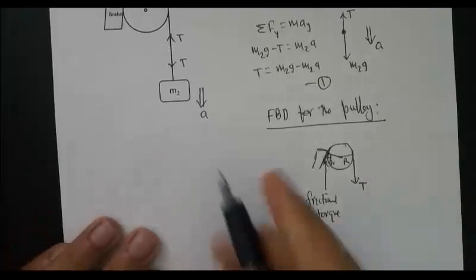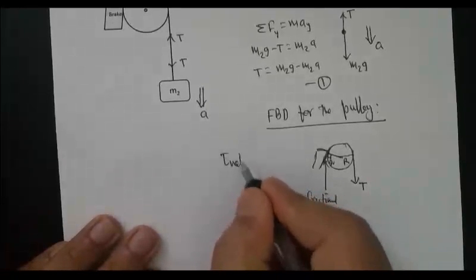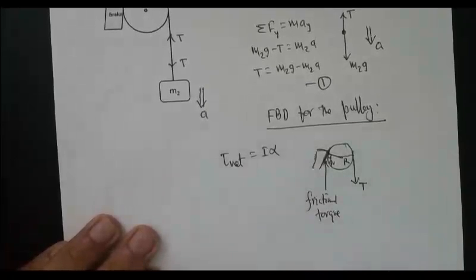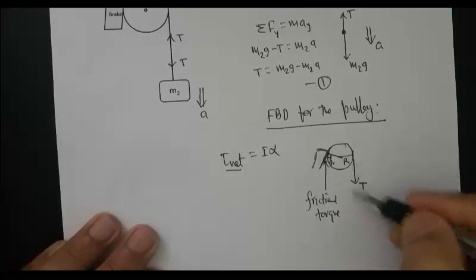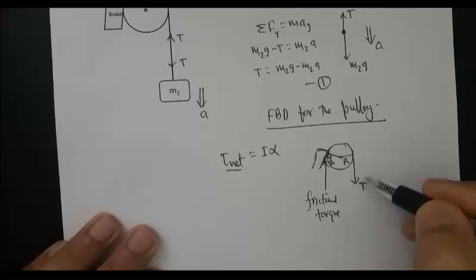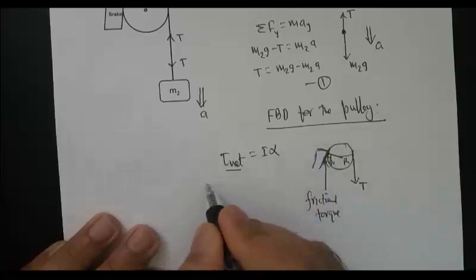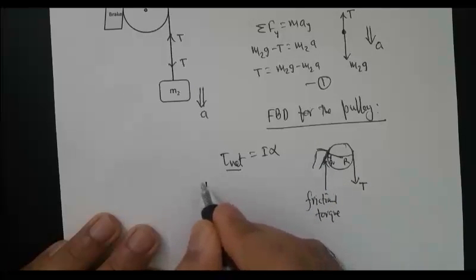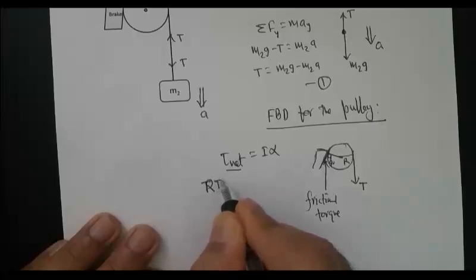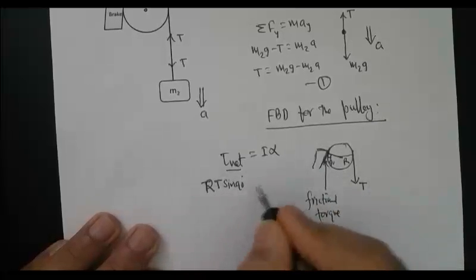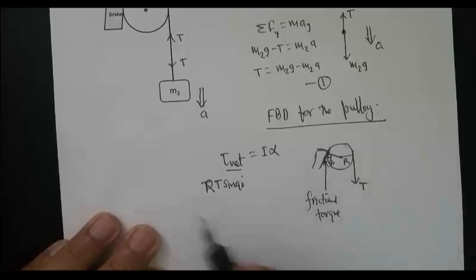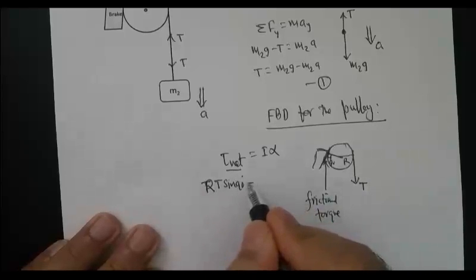Okay, so again the net torque is I alpha. The net torque now is the torque produced by the tension in the string and the torque produced by the brake. So you have two things: T R times sine of 90 degrees, and I'm again making the bigger torque positive.